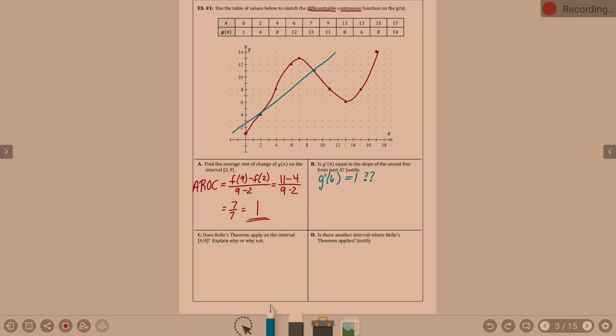Now, here's the deal. To find g prime of 6, you're trying to look at the slope of the tangent line there, right? It looks like it is, but so right there, that's the point (6, 12), right? And then, okay, this was (9, 11) that we already had.